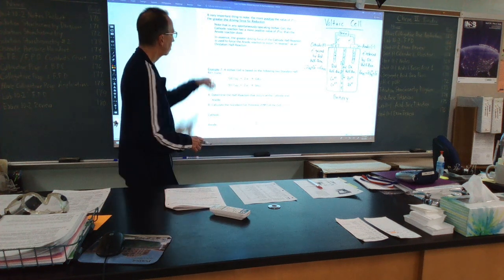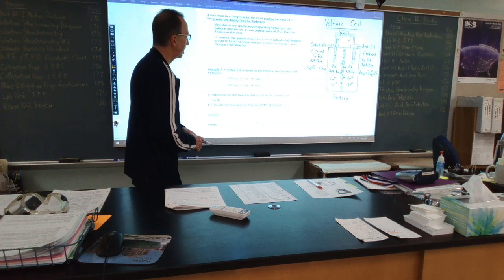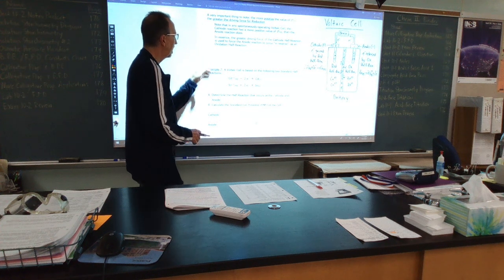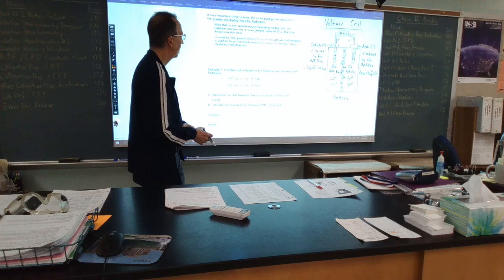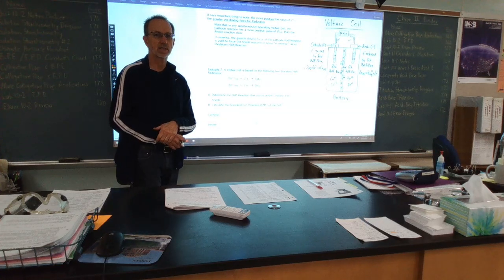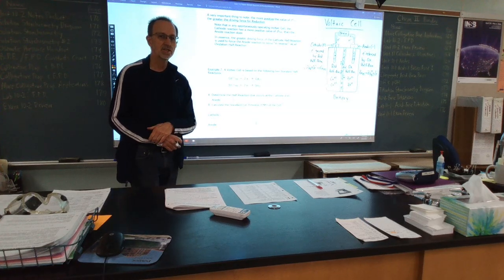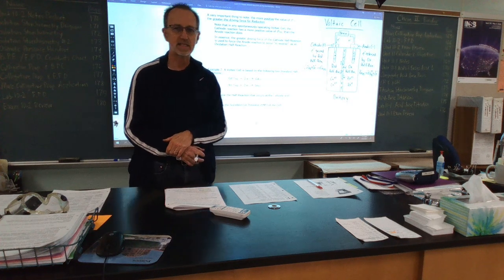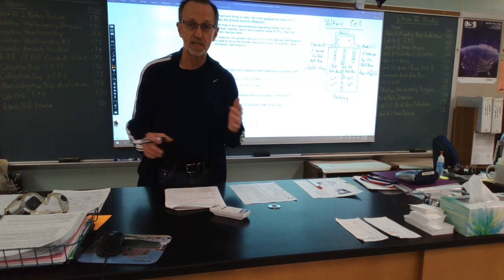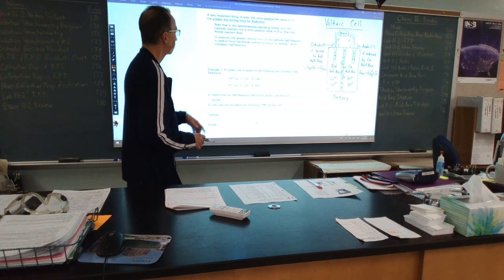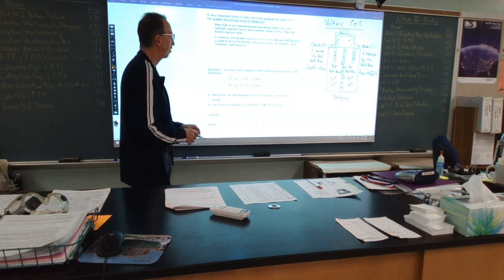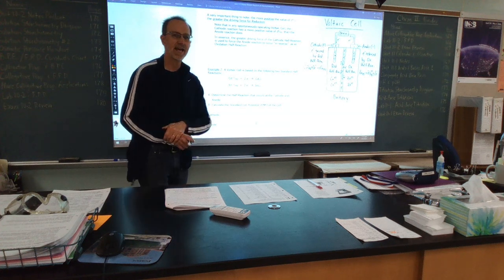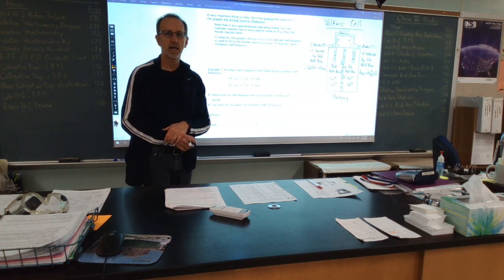Note that in any spontaneously operating voltaic cell, the cathode reaction must have a more positive value for E than the anode reaction does. That way, when you subtract the two, you're going to get a value for E cell that's greater than 0, which means it spontaneously operates. In essence, the greater driving force of the cathode half reaction is used to force the anode reaction to occur in reverse as an oxidation half reaction.